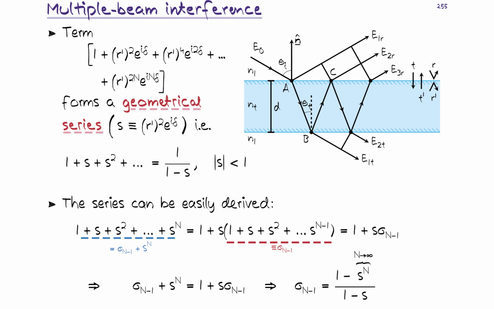And then we see that this sigma is approaching 1 over 1 minus S. So we have really simply derived the geometrical series, and this is a super simple derivation.